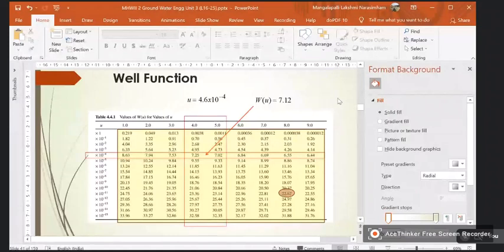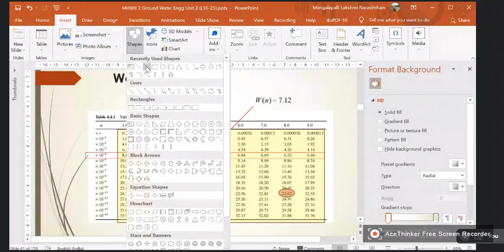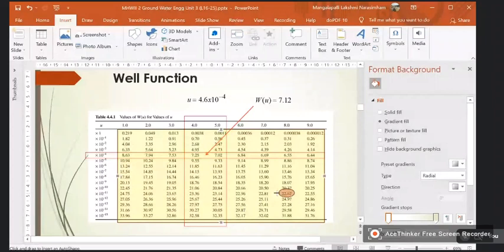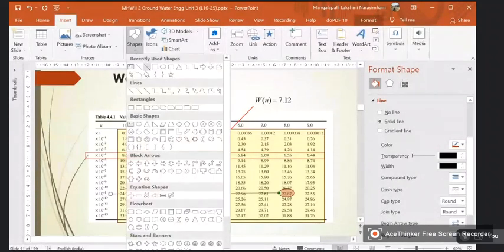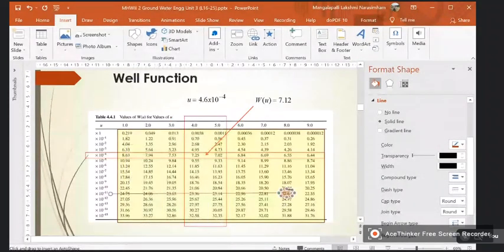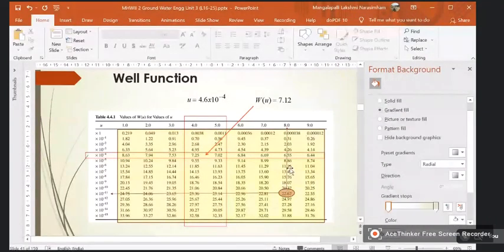Yes, 8 into 10 to the power of minus 11.